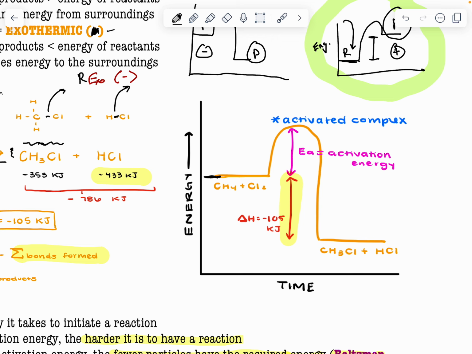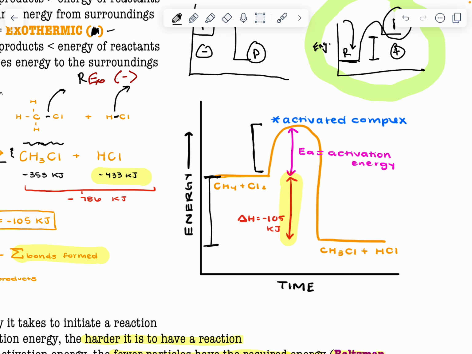So going off of this, our delta H will always represent the difference between our reactants and our products. This value will never change no matter what, because all these systems have a set amount of energy that we can either insert and release, and the rules of nature really do not change that much. The only thing that we can modify from here is our activation energy. This is the initial burst of energy that we need to initiate a reaction, whether it's making bonds or breaking bonds.